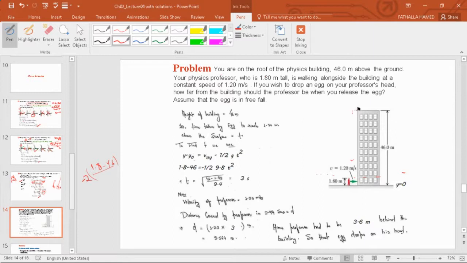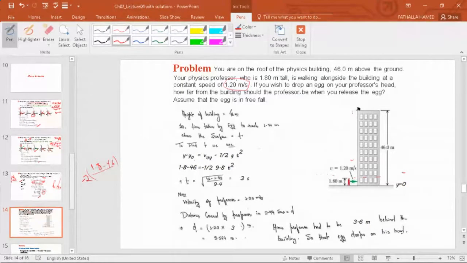So you are on the roof of a physics building, which is 46 meters above the ground. Your physics professor, who's 1.8 meters tall, is walking alongside the building at a constant speed of 1.2 meters per second. So he's moving with constant speed. That doesn't mean he doesn't have an acceleration.